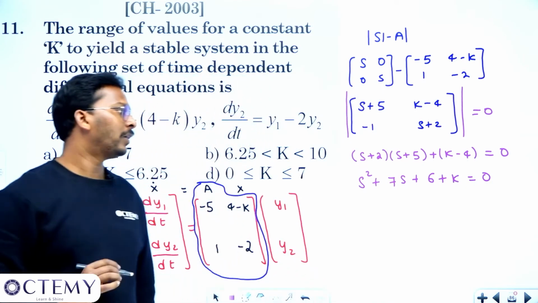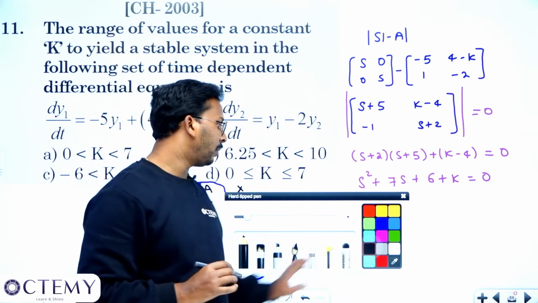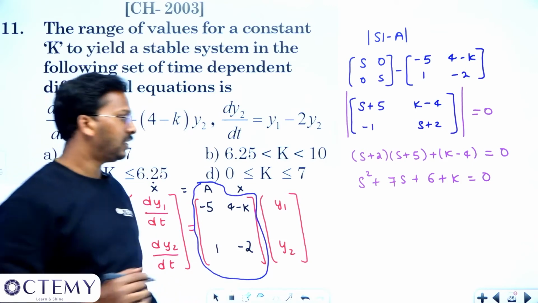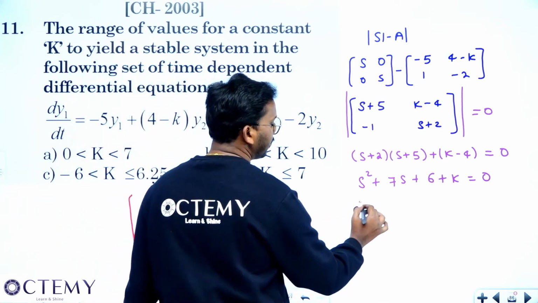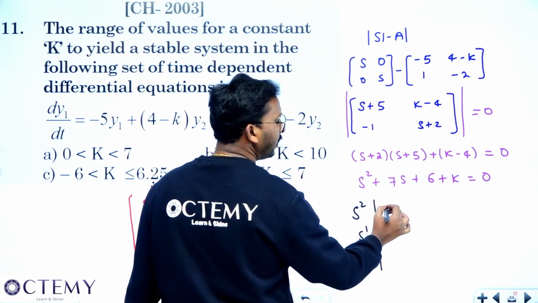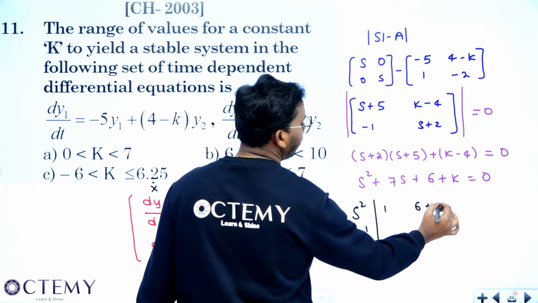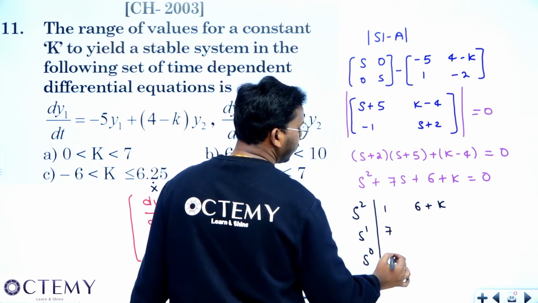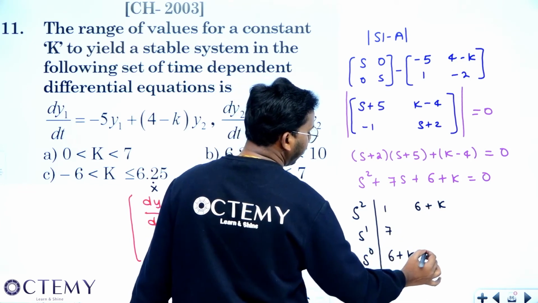Now, for the roots to be on the left hand side, all the terms should be positive. You will build an RH table: s square, s power 1, s power 0. The s square term is 1, then 6 plus k; the s power 1 term is 7, then 6 plus k, right? This should be greater than 0.